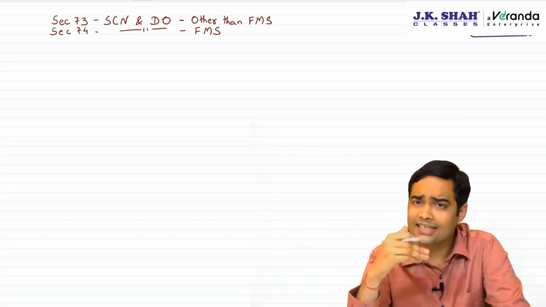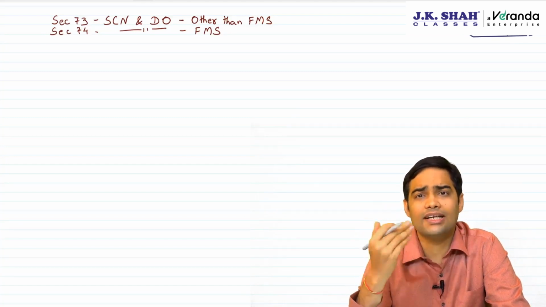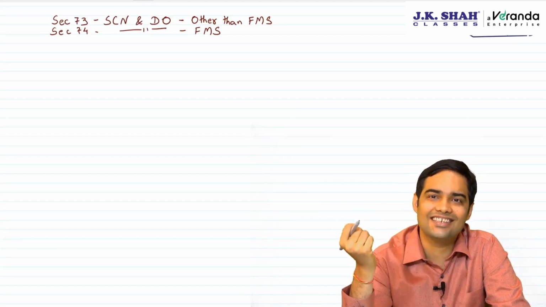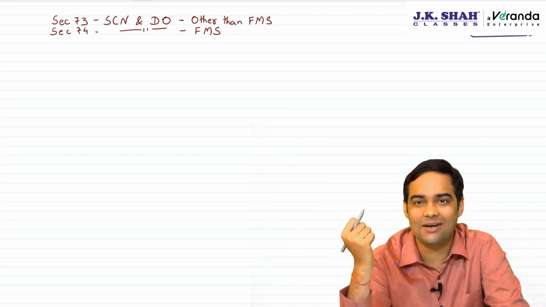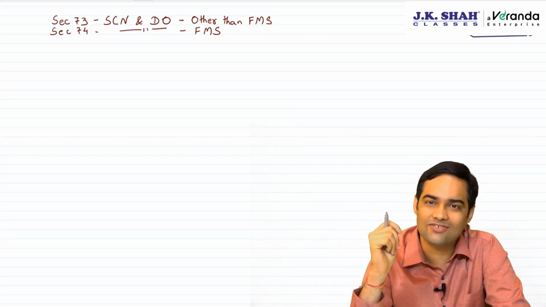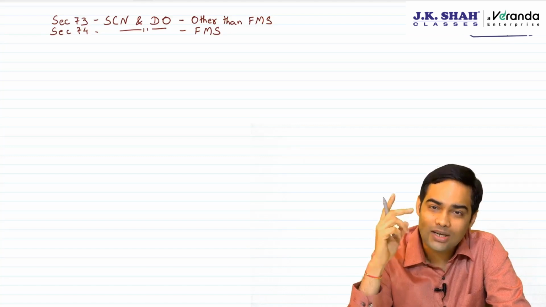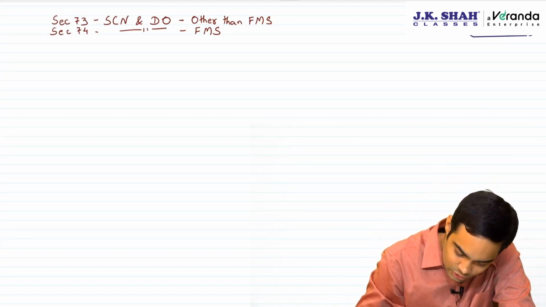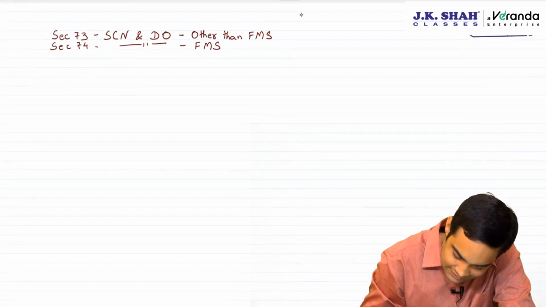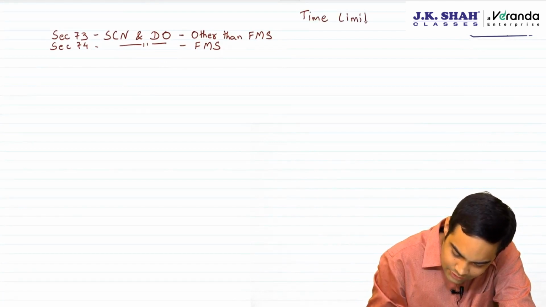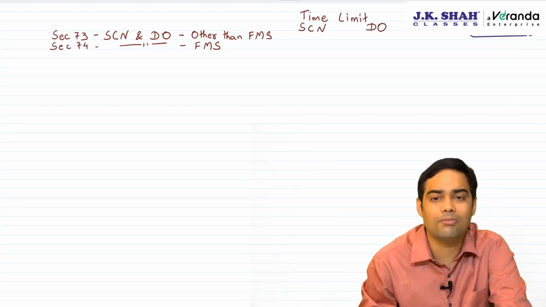Now, there's a time limit. Government cannot come back to me after 10 years saying that you did not pay tax at that point of time. So there's a time limit which is mentioned in the law. What is the time limit for issuing notice? See, whenever we talk about time limit, there is a time limit for issuing show cause notice and a time limit for issuance of demand order.